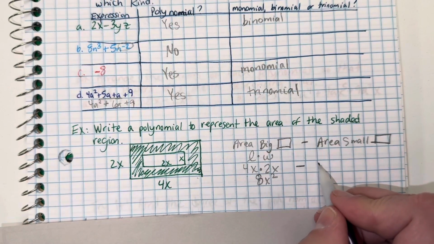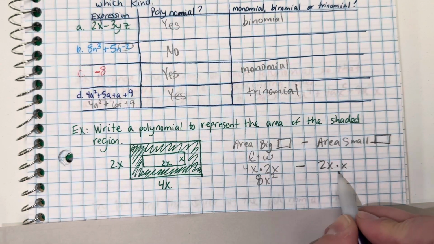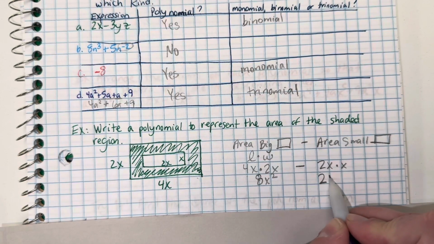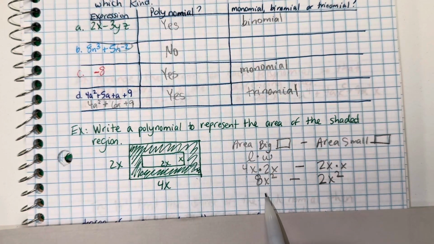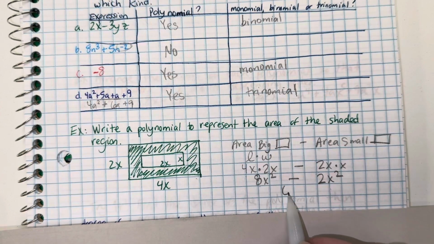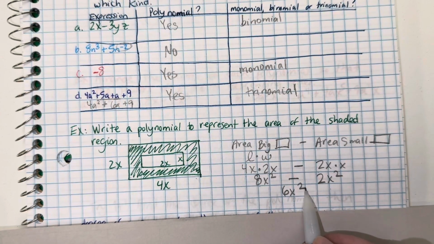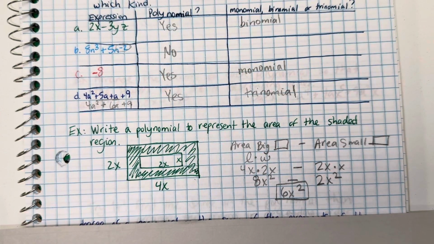So we would have 2x times x. There's only one big number, so we'll make that 2x squared, and then we'll subtract them. So we have 8x squared minus 2x squared means we'll have 6x squared left. This is the polynomial for the region that is shaded.